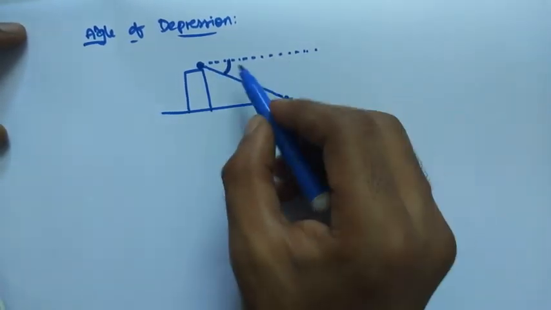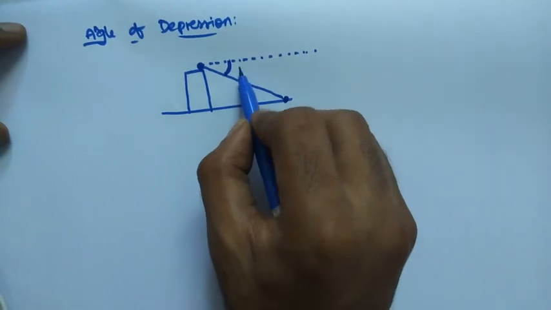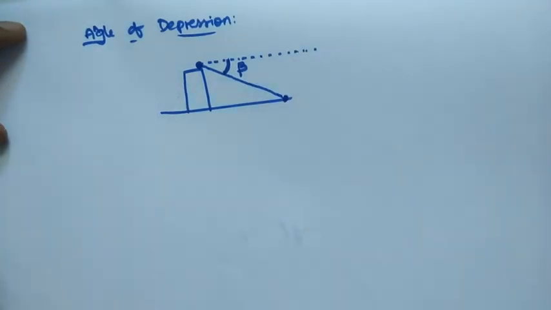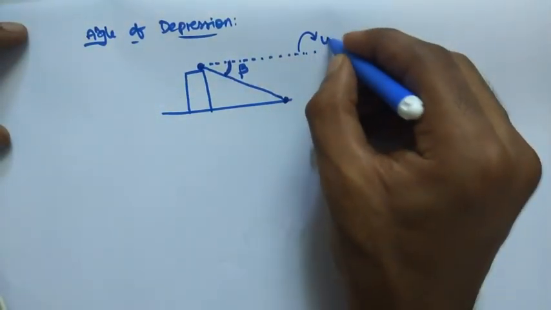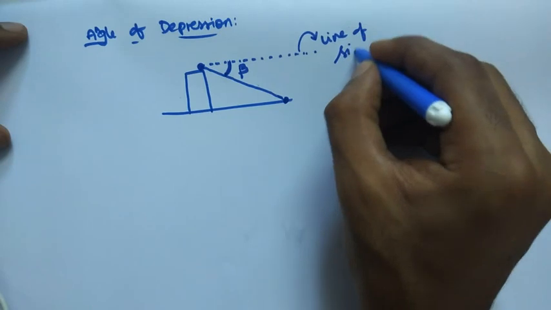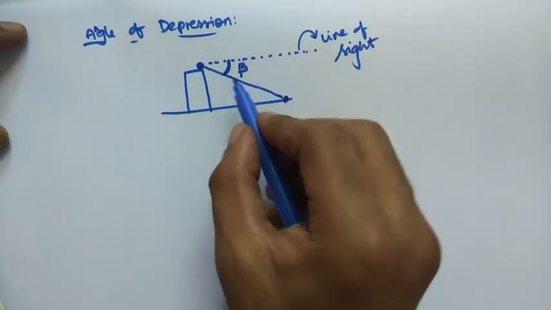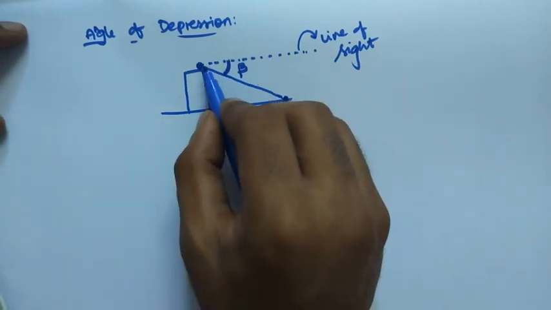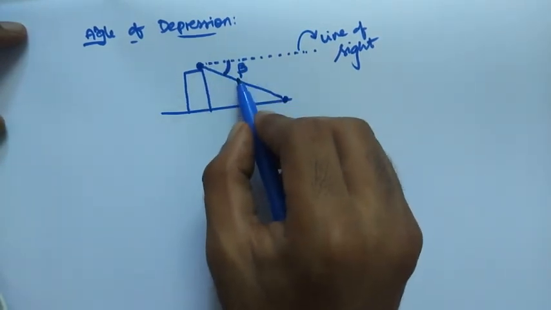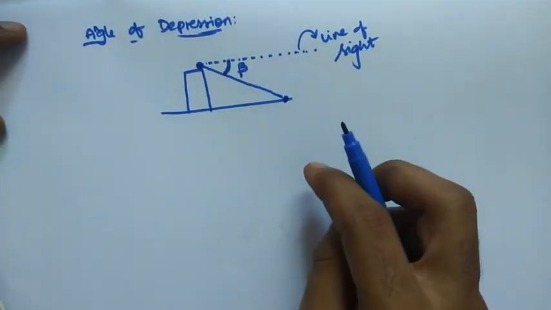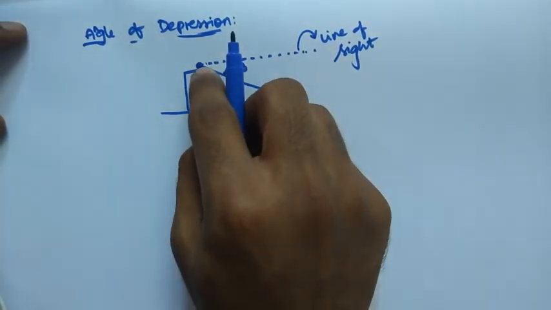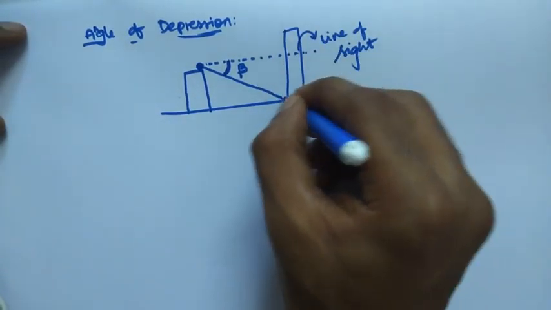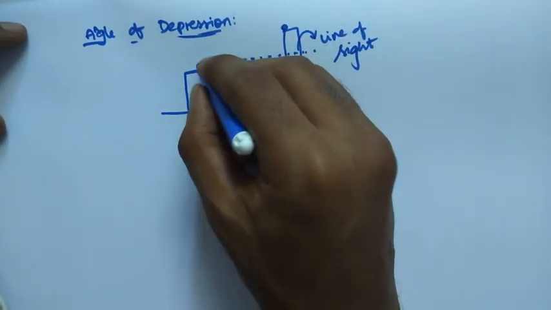I will represent the angle of depression with beta. You can take any notation; I generally follow beta. So this is the line of sight, and this is the angle of depression. Because he is bending his head down, it is known as depression. Suppose there is a big building here, another big building here, and one more person here and he is watching him.